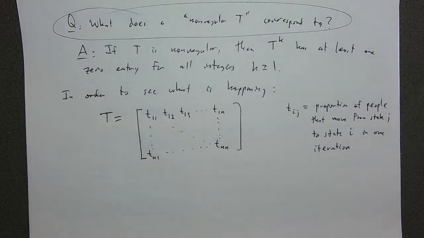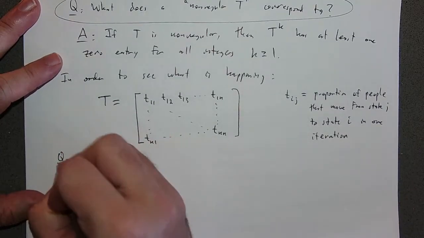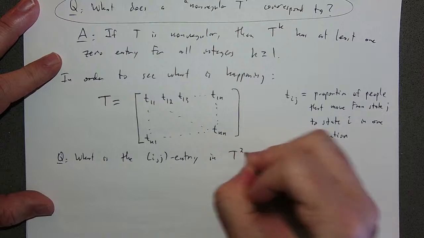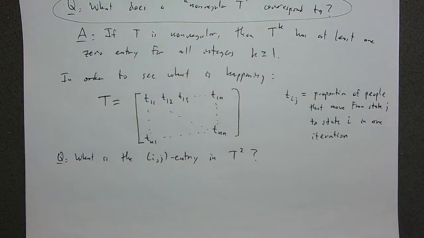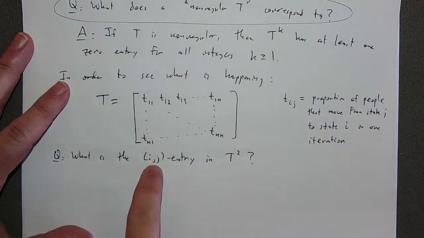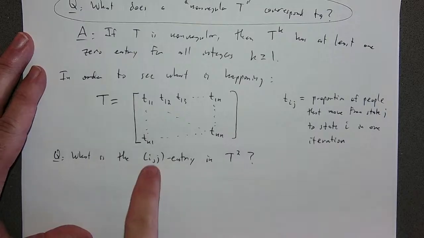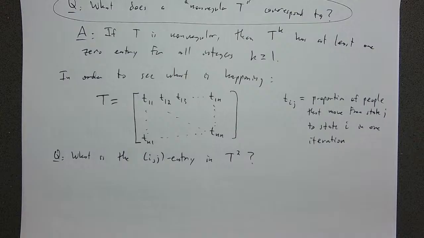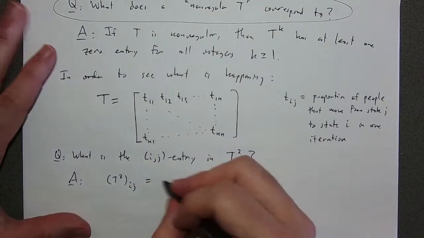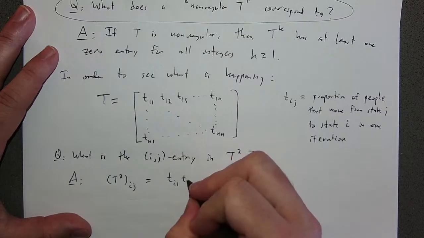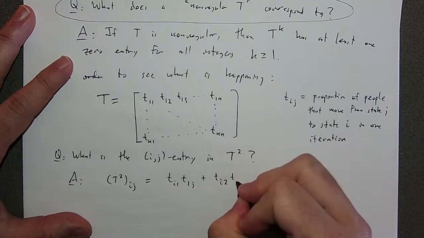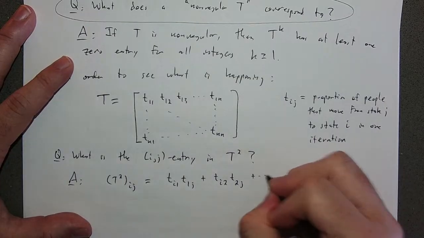But what does the ij entry in T squared look like? Well, if I multiply T by itself and look at the ijth entry in that matrix multiplication, using your entry by entry definition of matrix multiplication, then the answer is that T squared sub ij looks like T sub i1 T sub 1j plus T sub i2 T sub 2j plus, and so on in this same fashion.